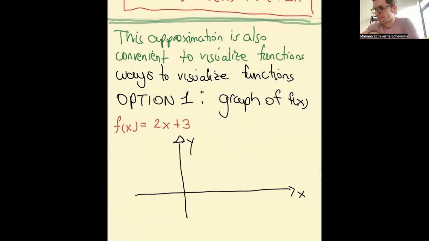So the graph is a positive slope, so it's an increasing line. Sorry, it intercepts the y-axis at 3. So it looks something like this. This would be the graph of f of x equals 2x plus 3, right? That's one option to visualize a function.